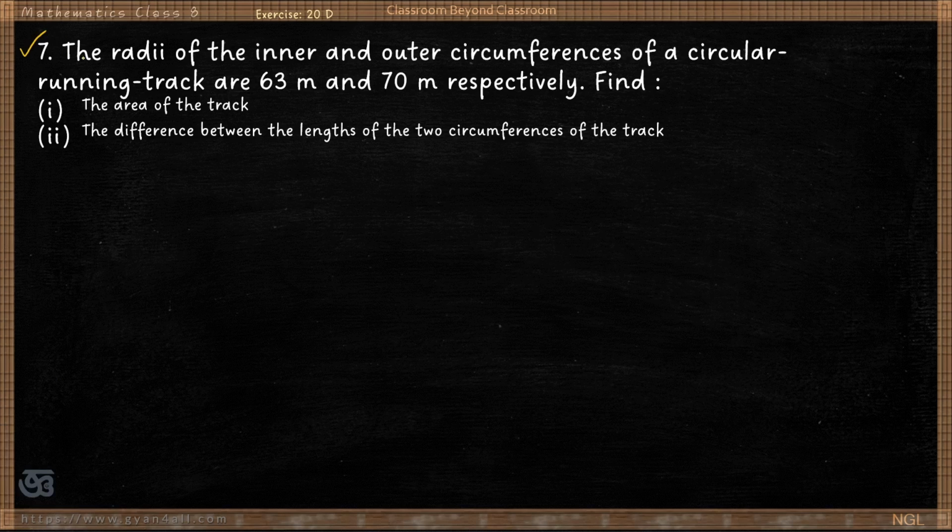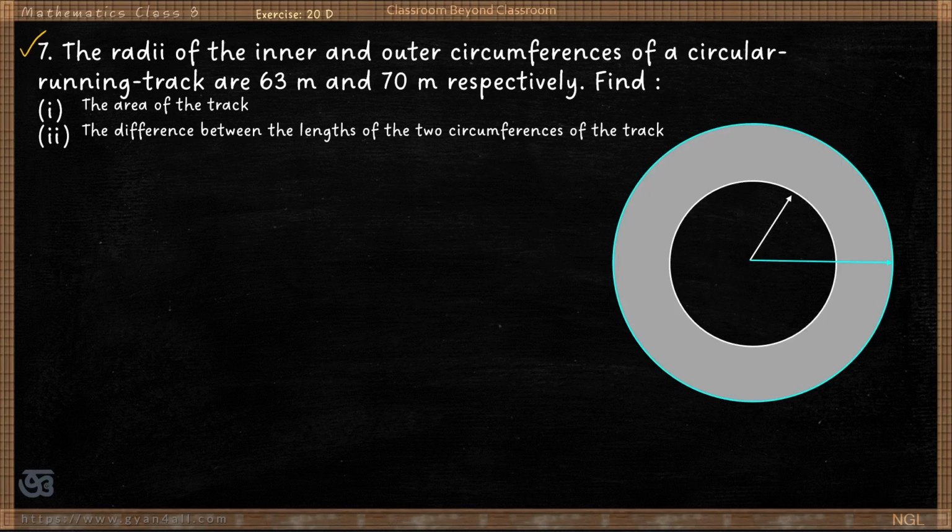Question number 7. The radii of the inner and outer circumference of a circular running track are 63 meter and 70 meter respectively. Find the area of the track, also the difference between the lengths of the two circumferences of the track. So there are two radii.